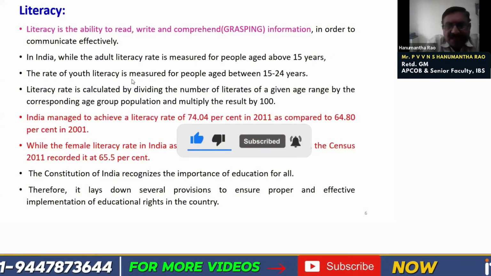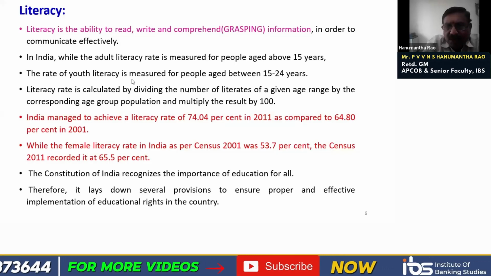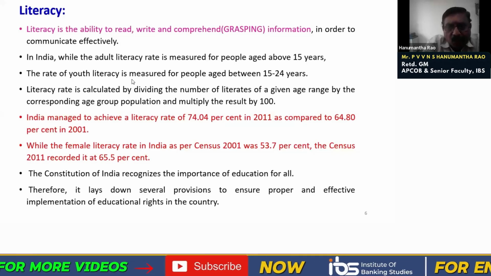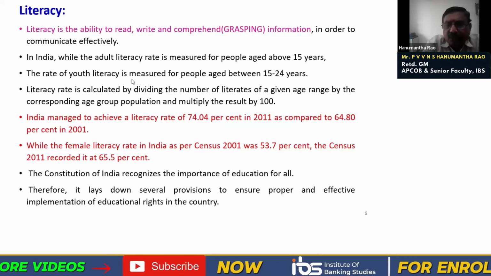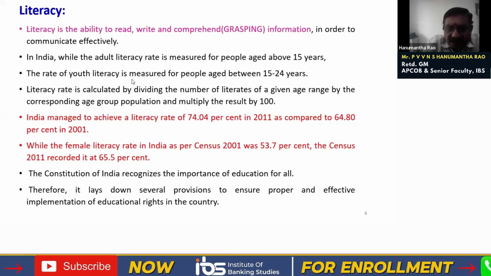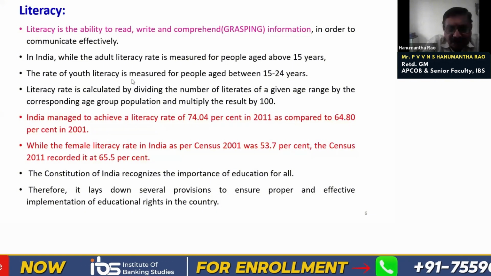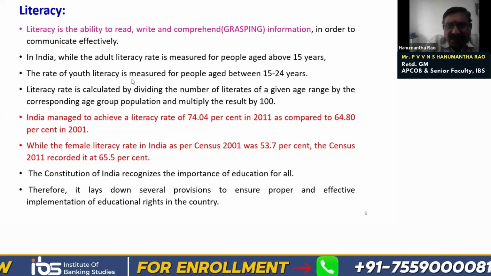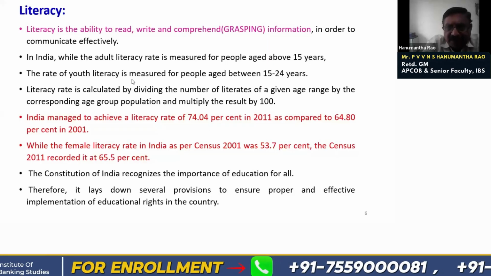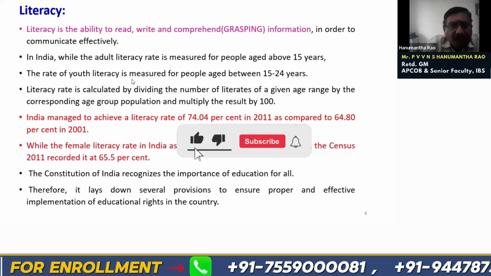So literacy rate 74.04 is as per census 2011, and as per 2001 census, it was 64.80. Female literacy rate in 2011, as per the 2011 census, is 65.5, whereas as per census 2001, it was 50.7%.